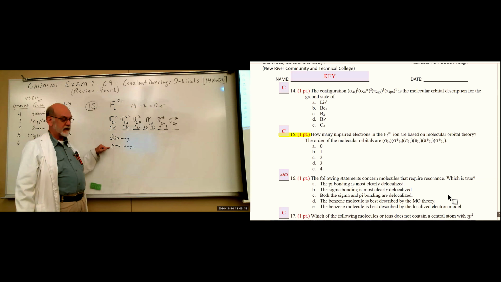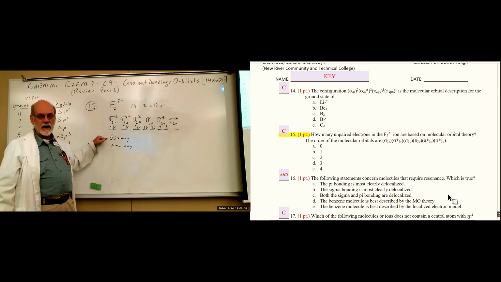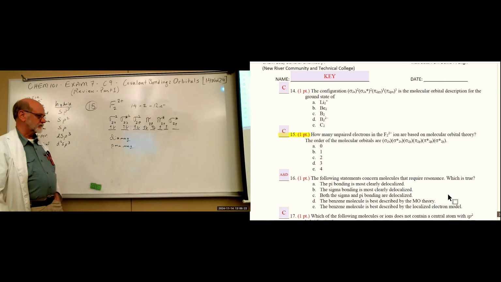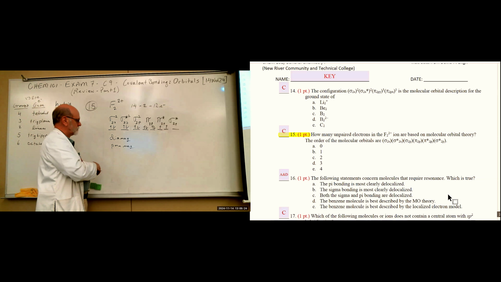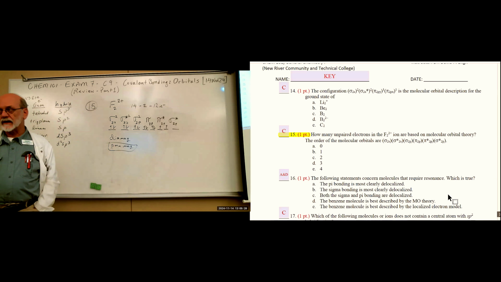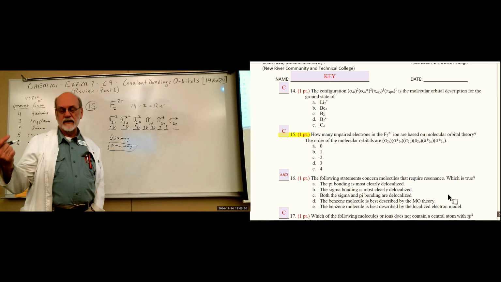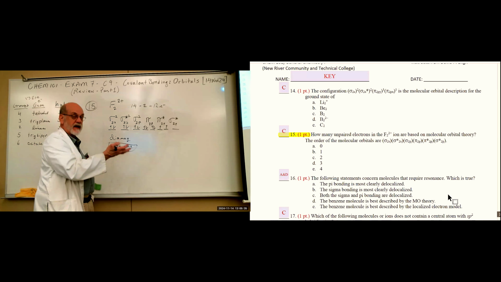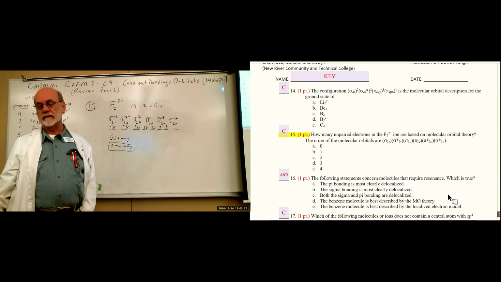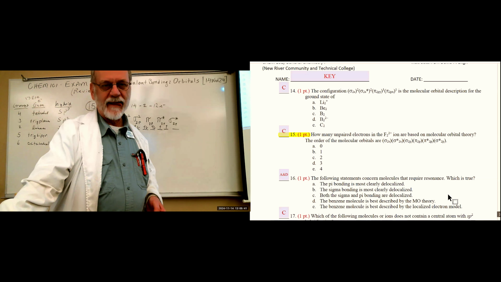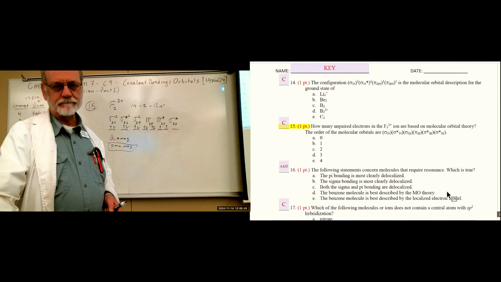It likes a magnetic field. Dia means opposed to the magnetic field. So this would be paramagnetic. It has 2 unpaired electrons. All it needs is 1, but 2 would make it paramagnetic and actually stronger than with only 1. You can measure the difference between the 2. Okay, so the answer is C.